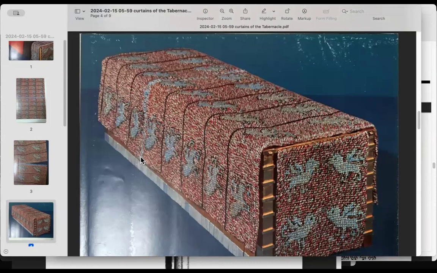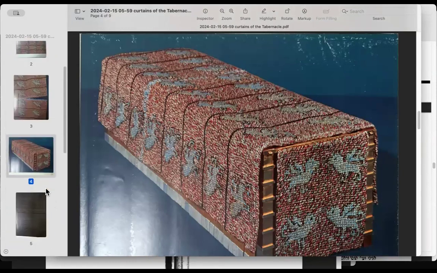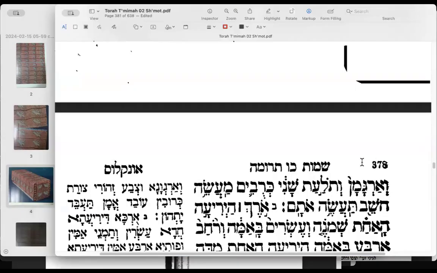And interestingly enough, you see this here, this separates the Holy of Holies from the holy part of the tabernacle. And right underneath there is a partition. So let me go back now and let's take a look at the text.